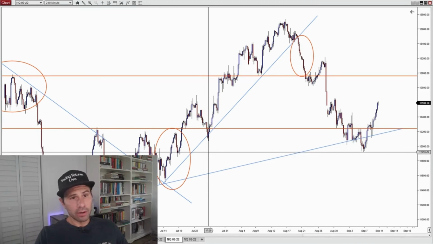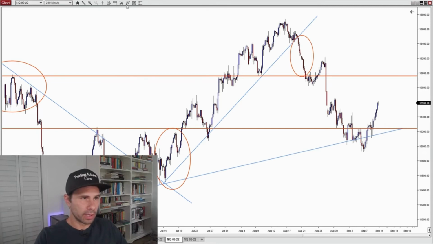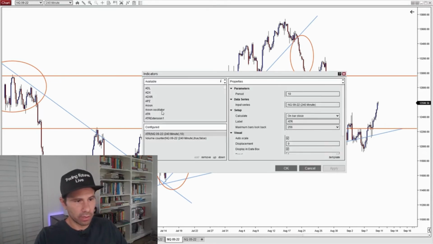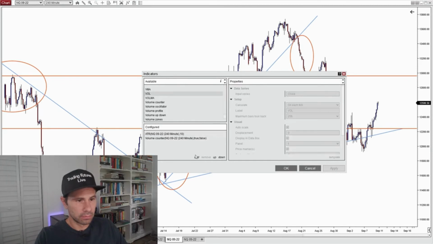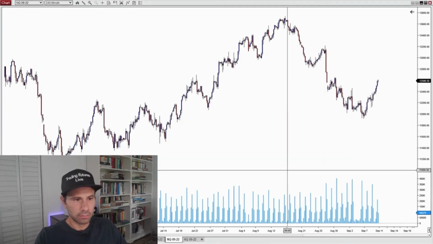And I want to point out that I do want some sort of consolidation area or a retest, right? And when I say a retest, I want to say a candle with higher volume. If we come here and we put volume, right?